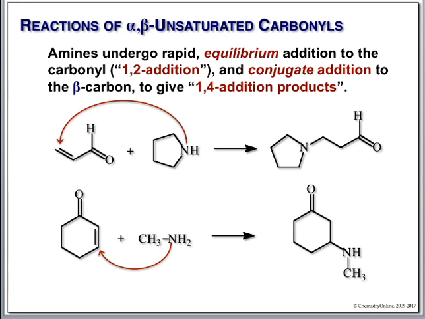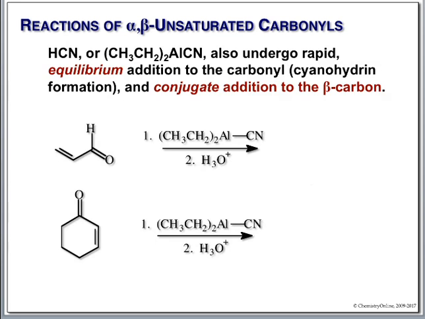So it's a nice, simple nucleophile. The cyanide that we tend to use is diethyl aluminum nitrile. Diethyl aluminum nitrile is a nice, convenient, soluble cyanide compound. Once again, the CN- is our nucleophile, and it will simply add to our beta position.